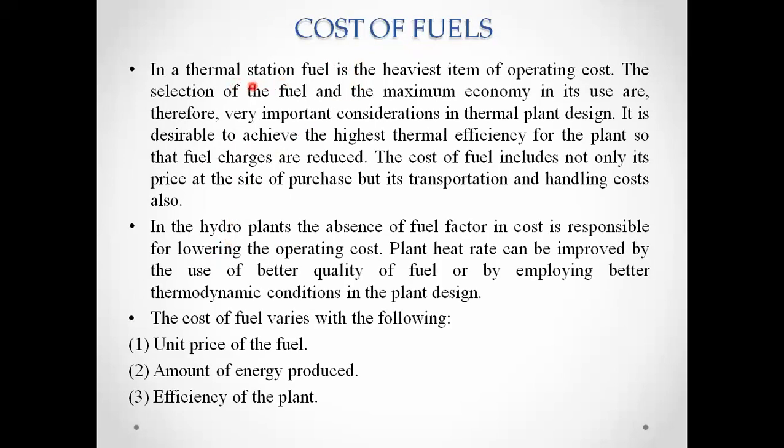For the cost of fuel, we know that in the thermal station, fuel is the heaviest item of the operating cost, that is coal. The selection of the coal and the maximum economy in its use are therefore very important considerations in thermal plant design.